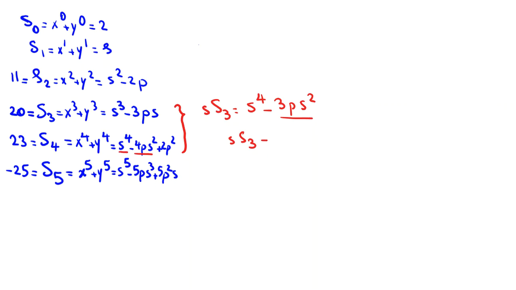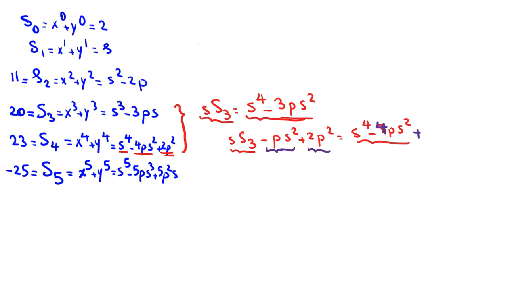So sS3 minus ps squared, and also I need this, so plus 2p squared. It will be what? It will be S4 minus 3ps squared, this part that we said, and the next part, it will be what? Here, negative ps squared. So if we combine also this, negative 3, it will be negative 4, and this plus 2p squared.